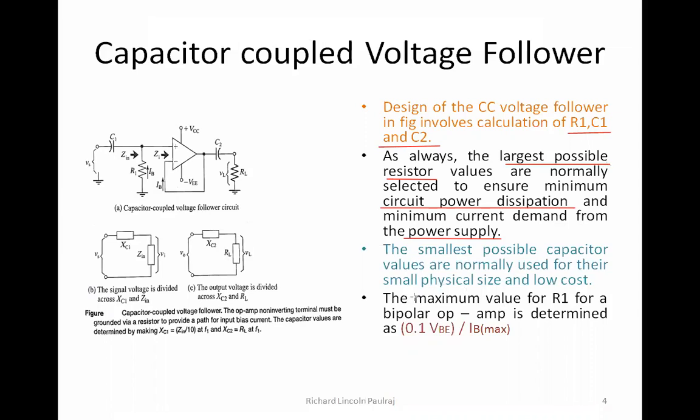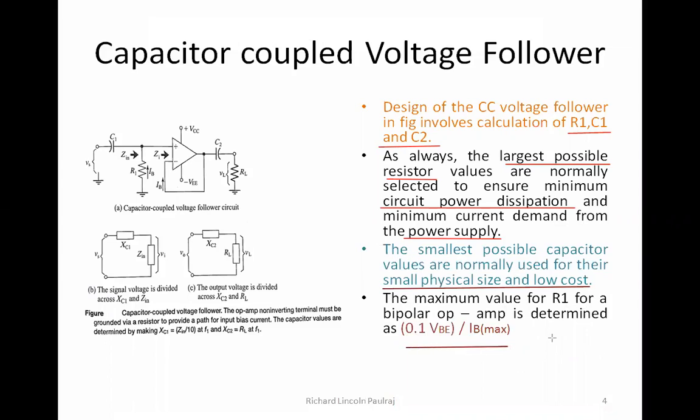So keep in mind, the smallest possible capacitor values are taken just because of the size and cost. These two are important. The maximum value for R1 for bipolar op-amps is determined as 0.1 VBE divided by IB max.